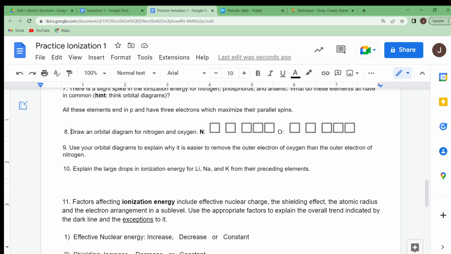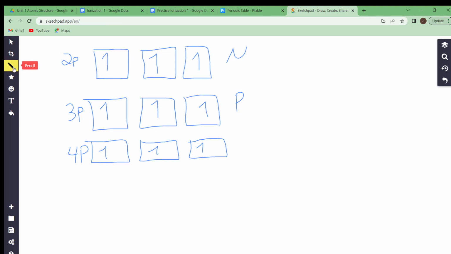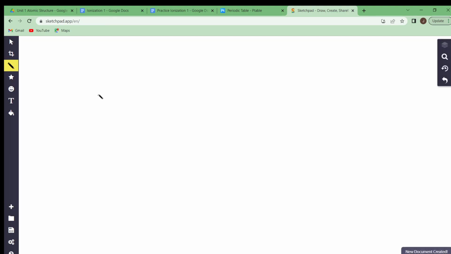Next, for number 8, it wants us to draw an orbital diagram for nitrogen and oxygen. Luckily here, they already have it drawn for us. It's a little hard for me to do that one, so we're going to make a new one right here. We just recently did nitrogen, how it ended, and we have to do oxygen.